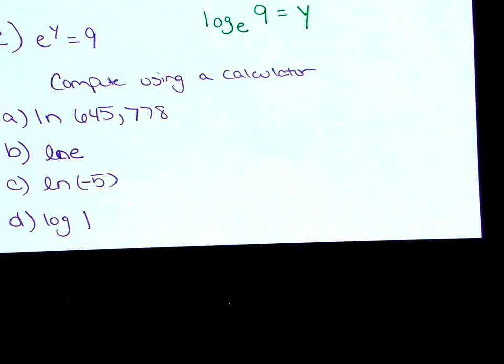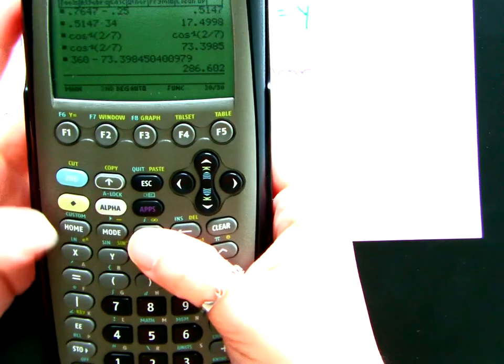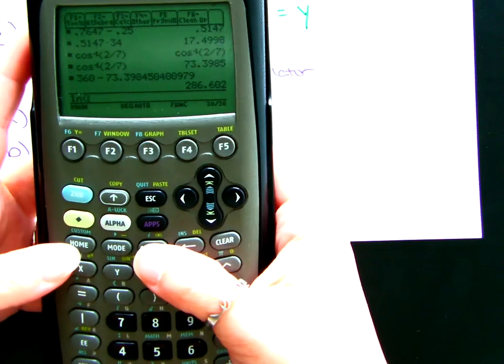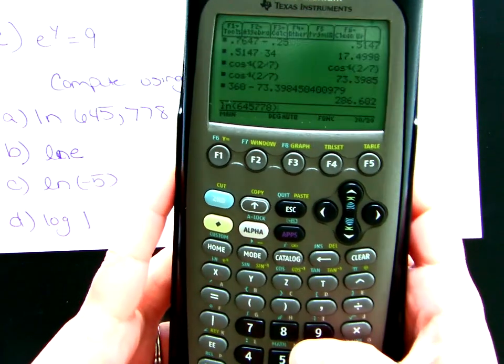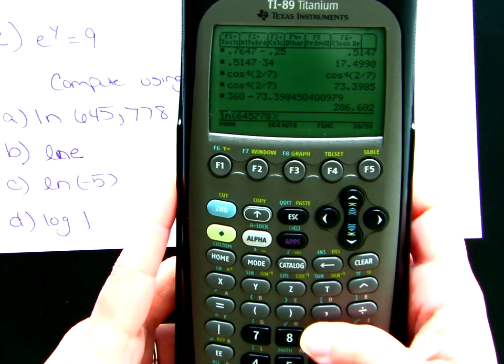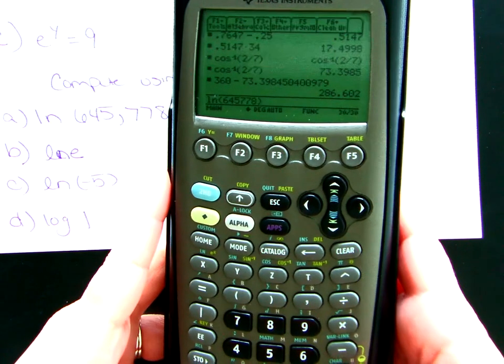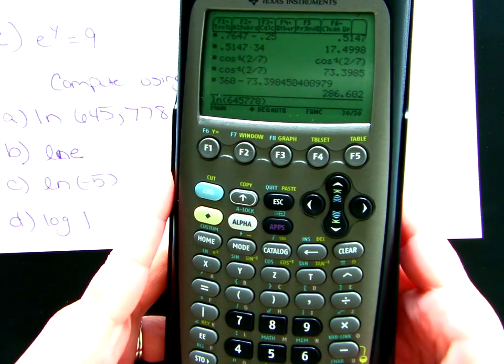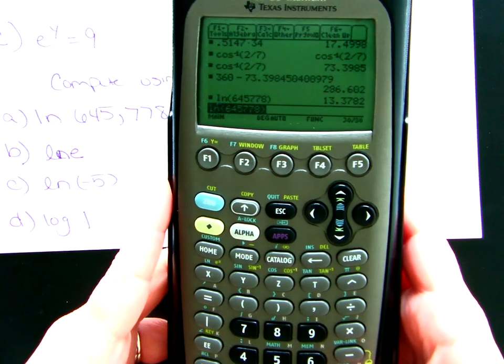Okay, so ln, find on your calculator where you have your ln button. You type ln, and then this is 6, 4, 5, 7, 7, 8. You may need to close your parenthesis depending on how your calculator inputs that. And you may have to hit an equivalency button, because if you hit enter and it just tells you ln of what you just typed in, then you're going to have to hit equivalency because it's a decimal.